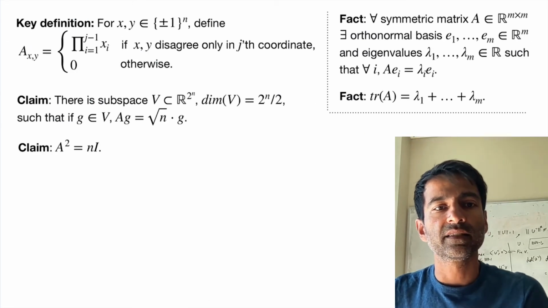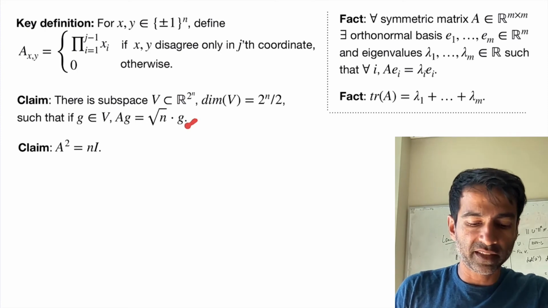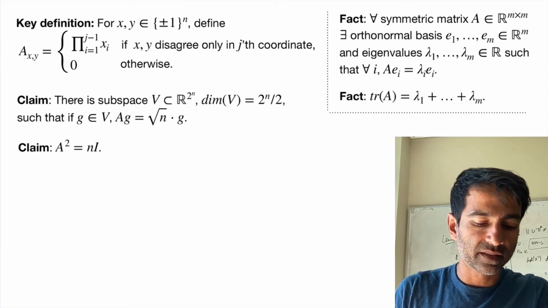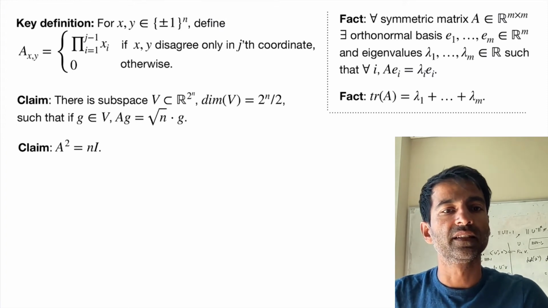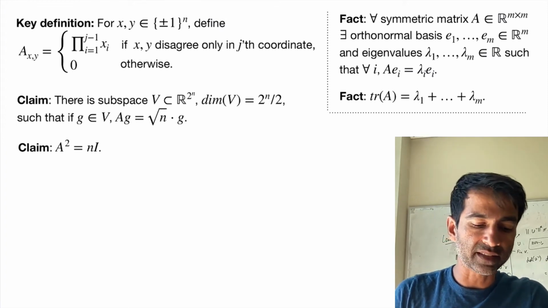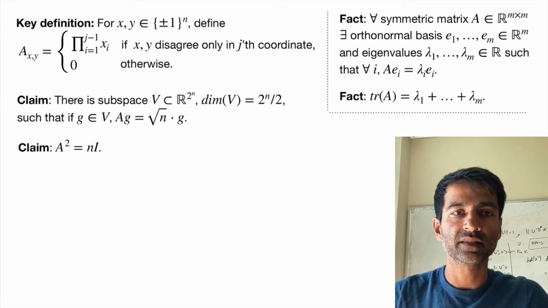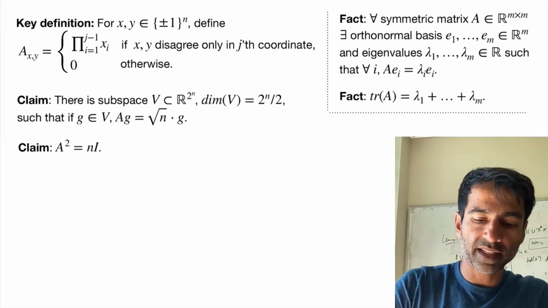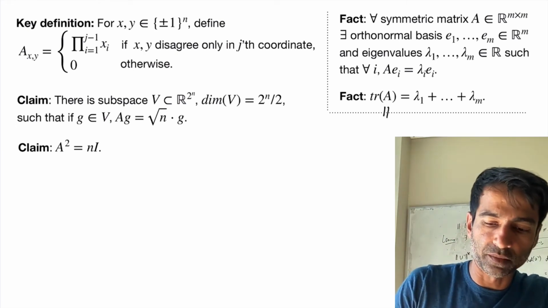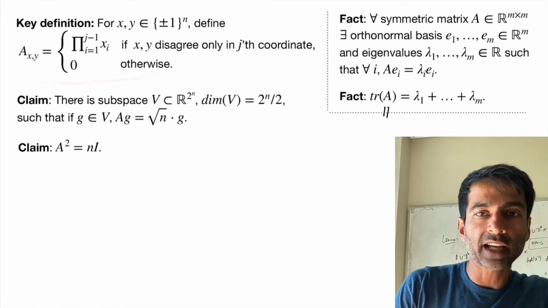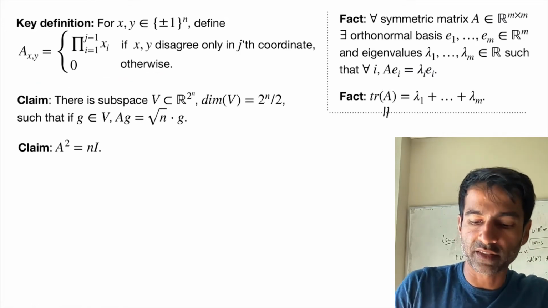And then the claim here will be completed by observing, it's going to be somewhat straightforward to prove, that the square of the matrix A is just n times the identity matrix. But that means that the trace of the matrix here, by construction, is 0 because all the diagonal entries of the matrix are 0.